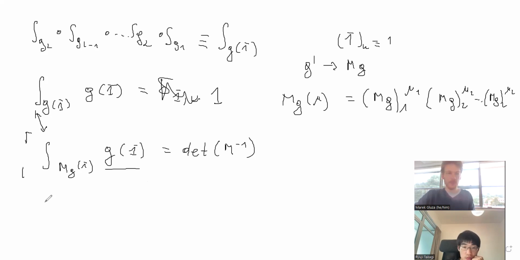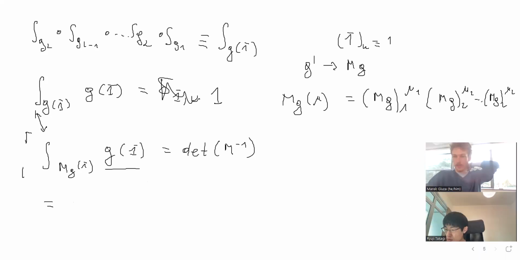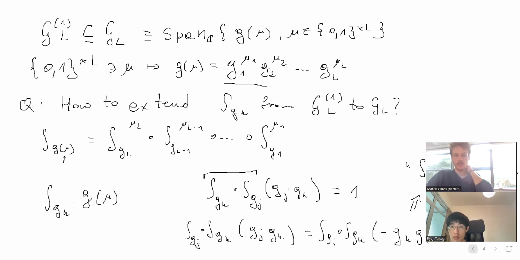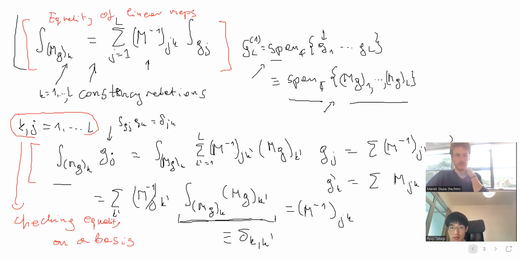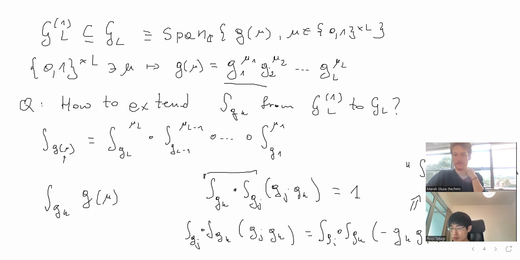And the way you show it is that we will be using this formula. I was doing this here. This is the formula that we need. When the integral involves a transformed vector, it's a summation of the inverse of the matrix and the previous Grassmann integrals. Yeah.